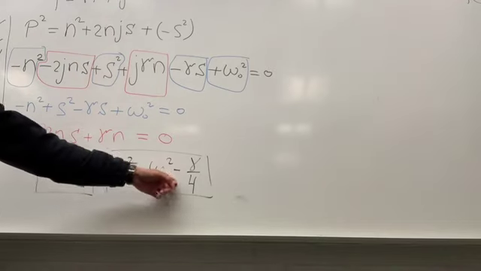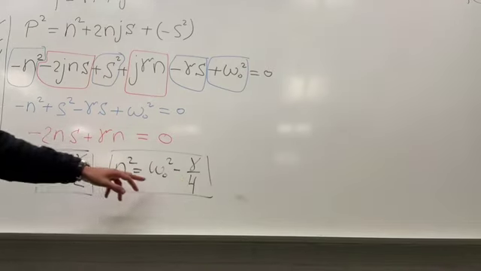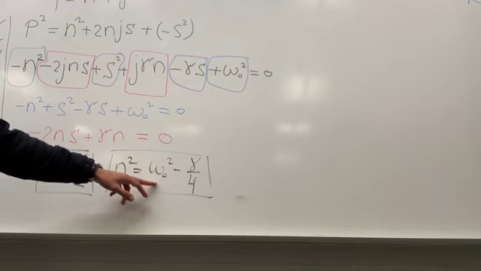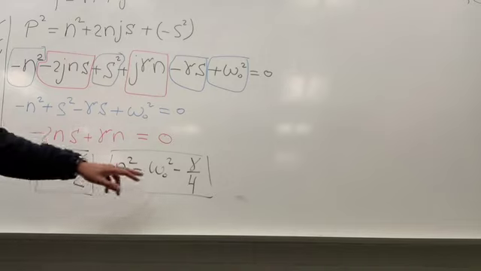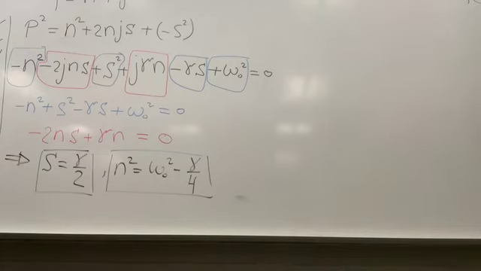What happens if we don't have damping? That n squared would be simply omega 0 squared. And we go back to the problems that we saw in previous lectures without decaying, without damping. All right.